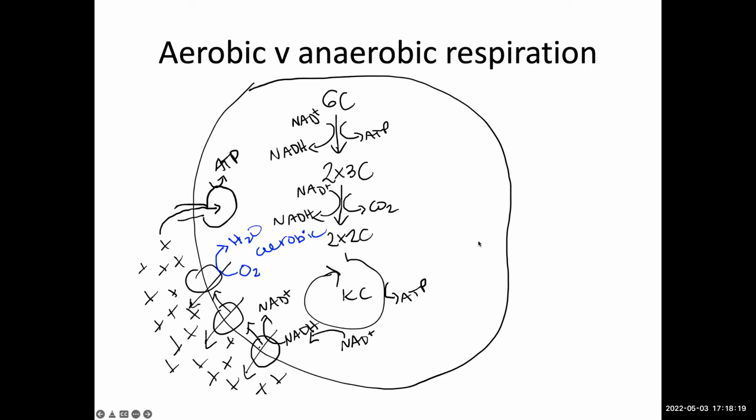Now, if there's no oxygen and we want to still do respiration, if we have the right tools, we can do anaerobic respiration instead. So would we still use the same enzyme? Would this enzyme that's specific for oxygen be able to participate in anaerobic respiration?